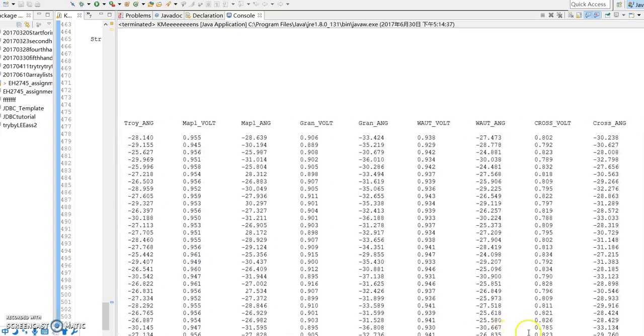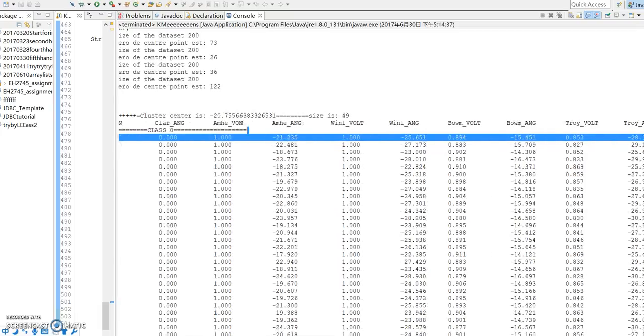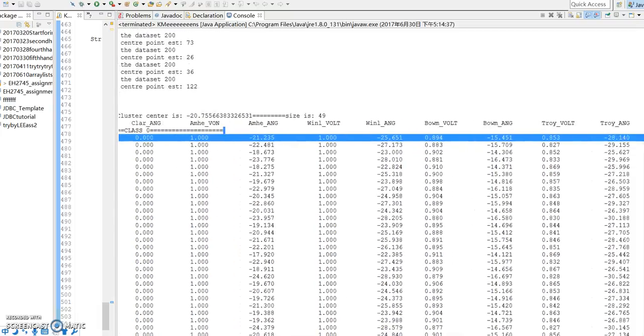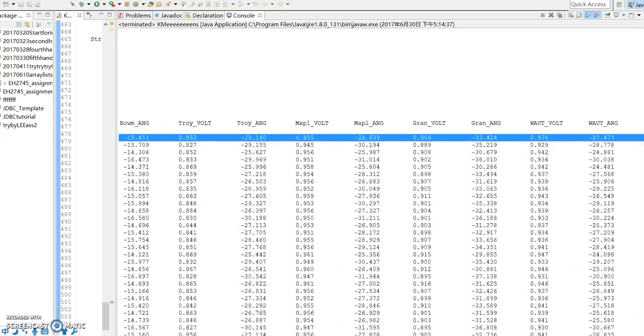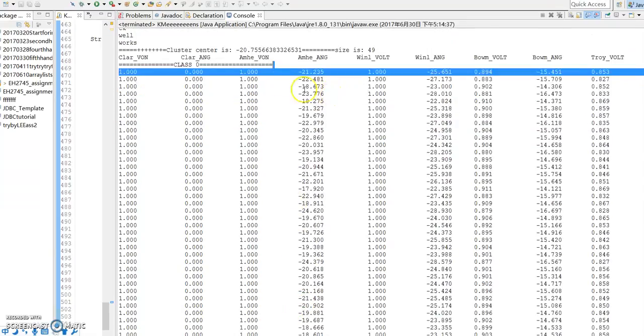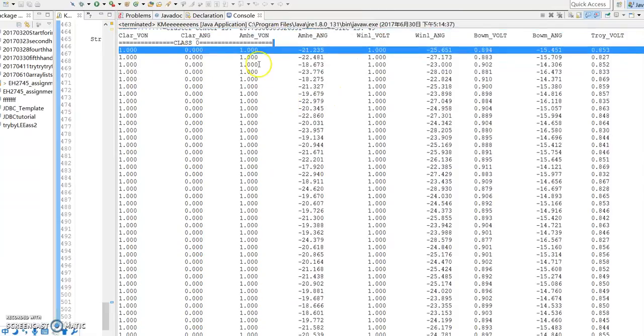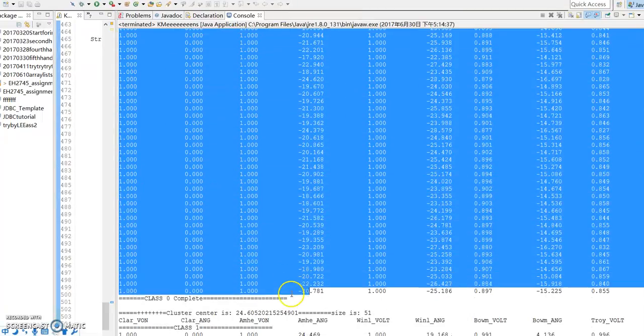So you can see I print out the points included, let's say this is the first point in class 0. So the detail is given here. And then we can check that we have 49 points included in total, from here until here.